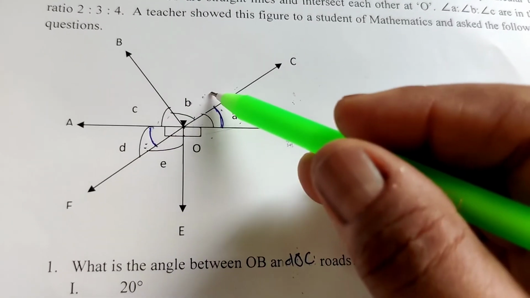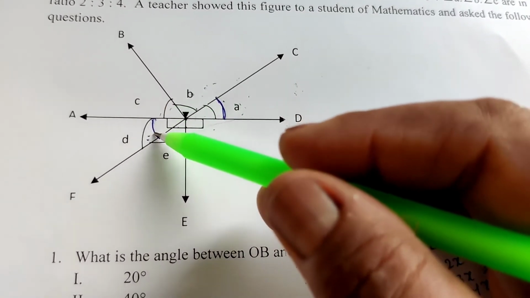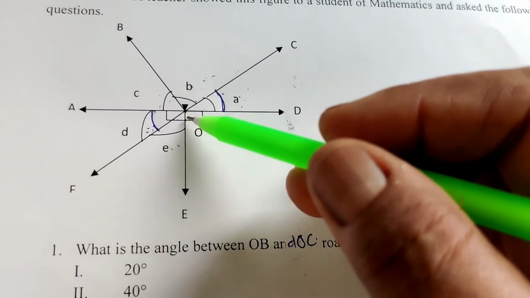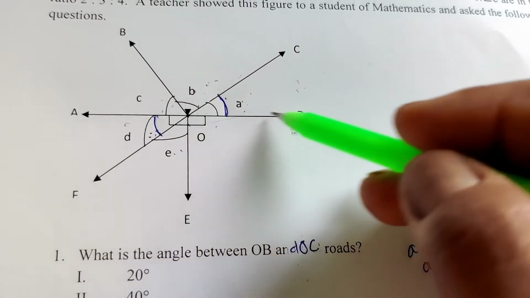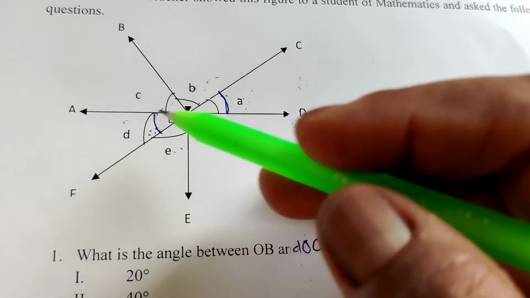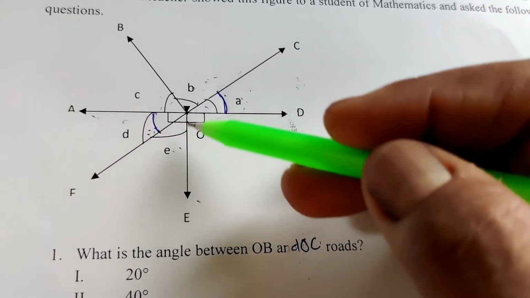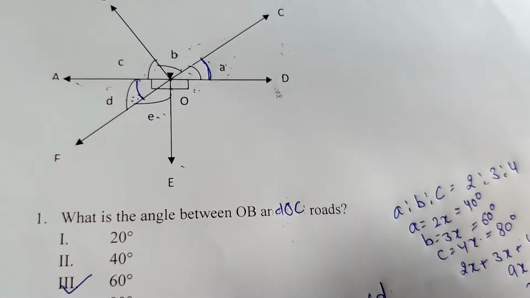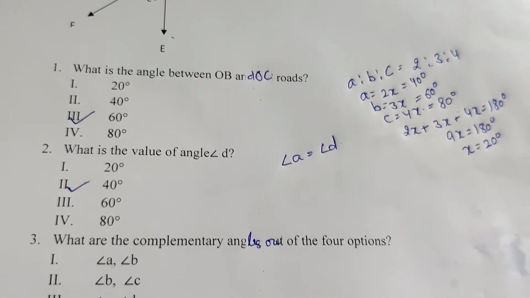BC is also not equal to 90 degrees. CD is not equal to 90 degrees. But the sum of D and E equals 90 degrees because AD is a straight line and this is the perpendicular. This angle equals 90 degrees. Therefore, angle AOE equals 90 degrees, and angles D and E are forming complementary angles.